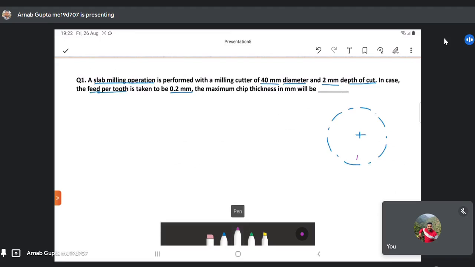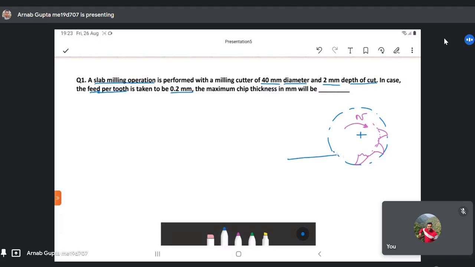So this is one of the teeth of the milling cutter. Like this, other teeth will also be arranged around the periphery. So I am considering one of the teeth, and this is the rotation, that is the cutting velocity rather, in RPM.